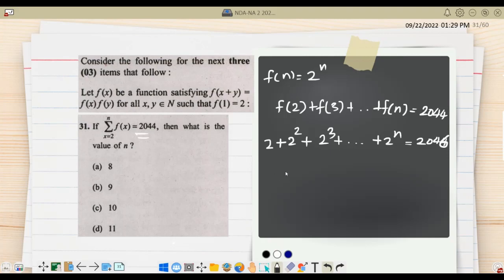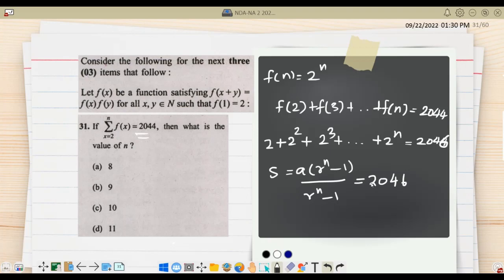How do we find the sum of a geometric progression? For that we have a formula: the sum of a geometric progression is a into r power n minus 1 divided by r minus 1. Sorry, this is not r power n in the denominator, this is just r minus 1. So we're going to solve from this. We know that the right hand side is equal to 2046.